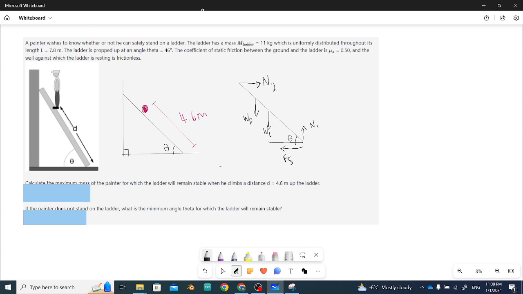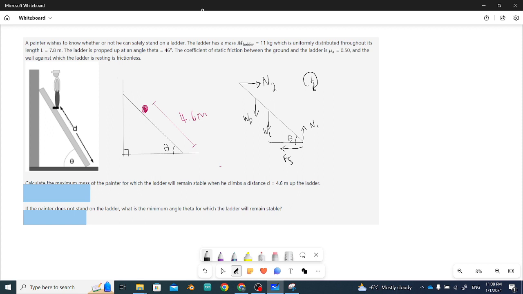Now, we have to define our axes, so I'm going to define clockwise as positive. And we also have to define our origin. Since there is no hinge or anything like that, you have to define your own origin.